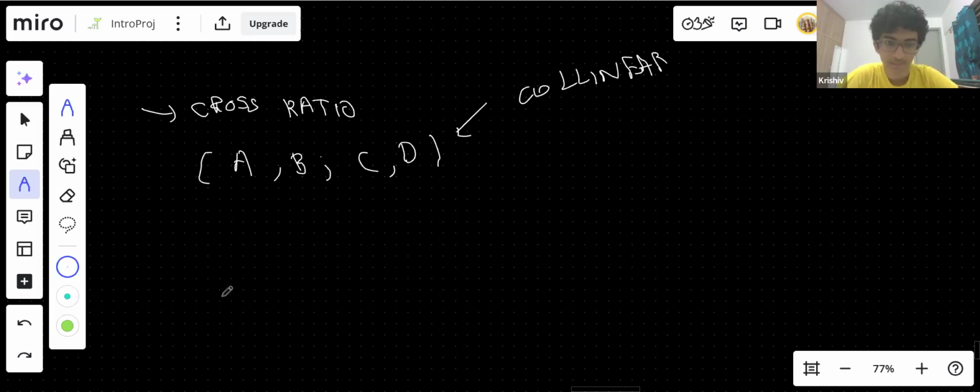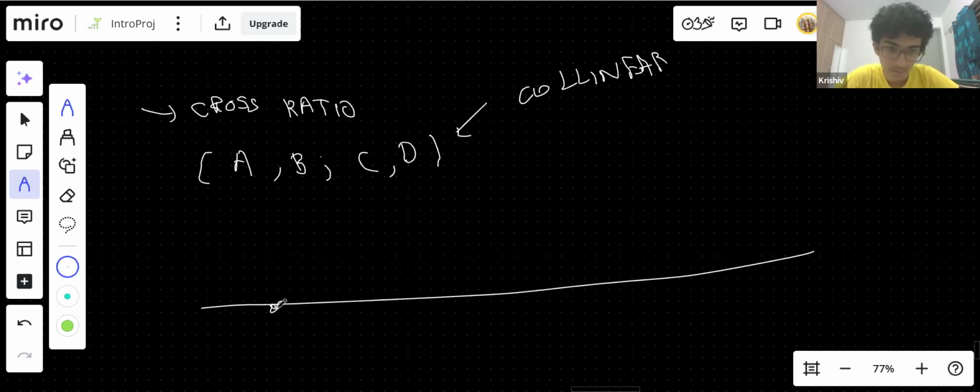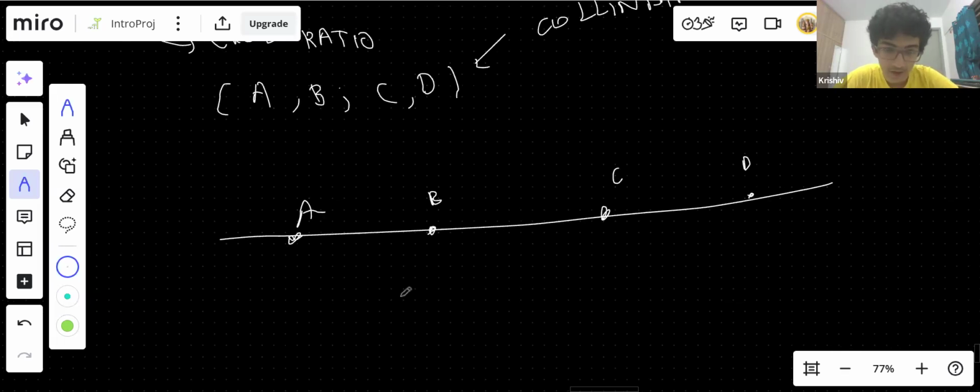So we have a line, and a point A, a point B, a point C, a point D. And our cross ratio is defined by CA over CB divided by DA over DB.